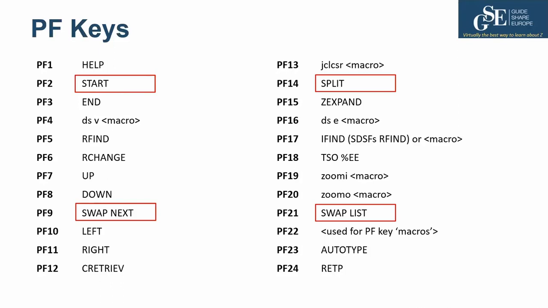I use SPLIT to keep around in case I do want to split two screens onto the same screen. SWAP NEXT can be used to go around your queue in a round robin fashion of the screens that are open. And SWAP LIST will bring up the list of the screens that are open and let you point and shoot to get to those.